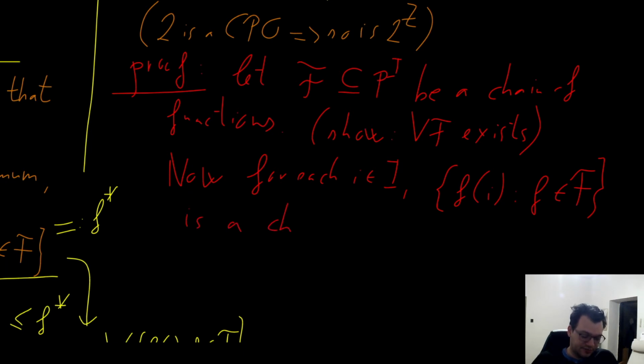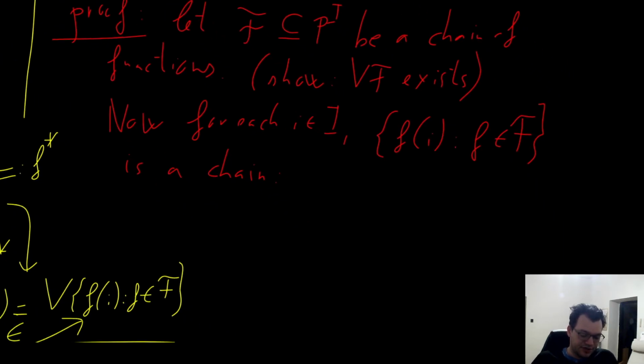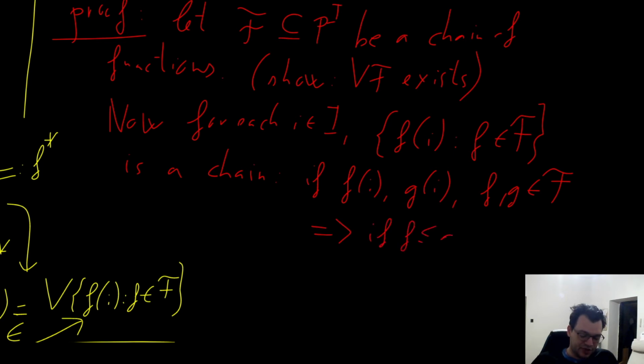It's a chain since if I pick two elements, say f(i) and g(i), then similar as before, because originally F was a chain of functions, it's either f smaller than g or g smaller than f.